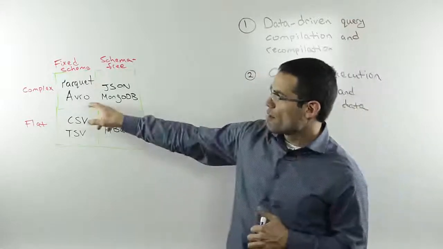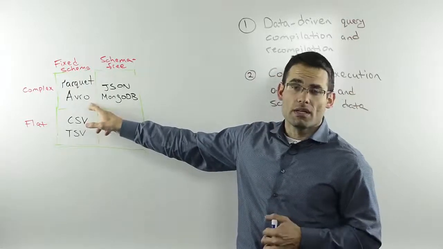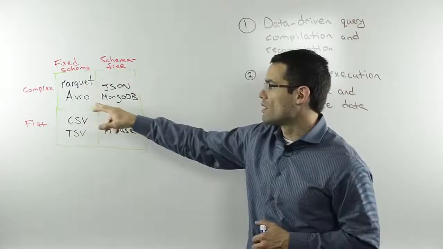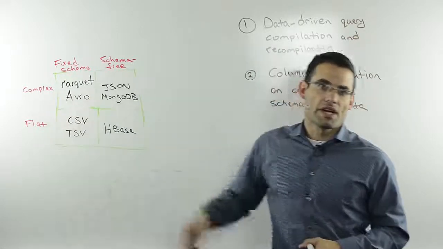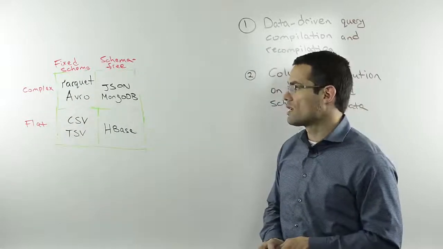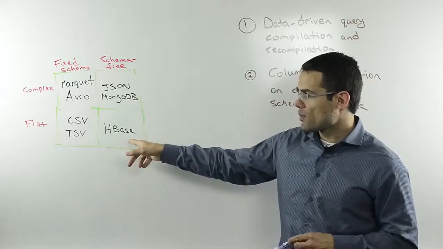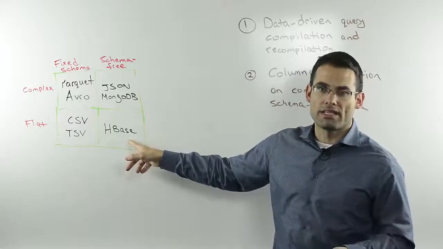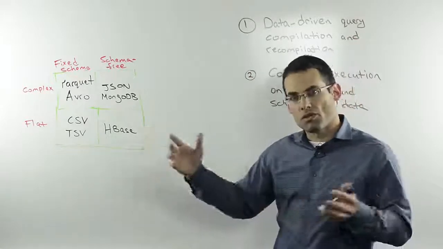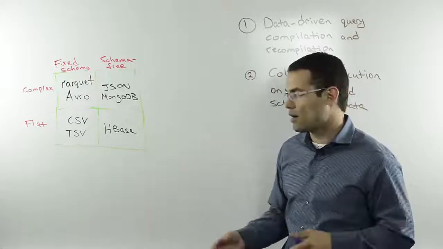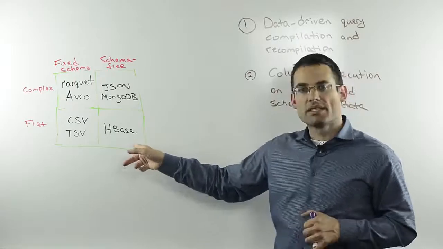On the top left, you have data that also has a fixed schema, so the schema is described with the data, but it supports complex structures, like arrays and nested values. At the bottom right, we have HBase as an example, where you have a flat structure, so there's no nesting or arrays, but this is schema-free.